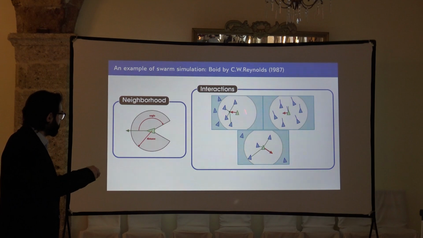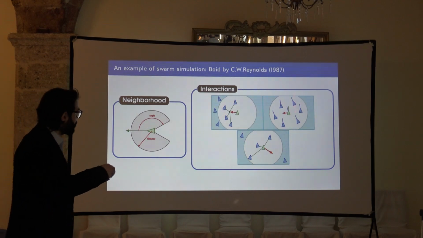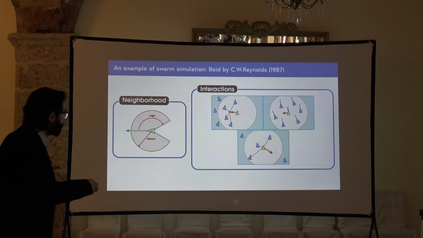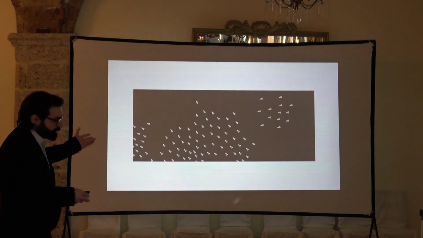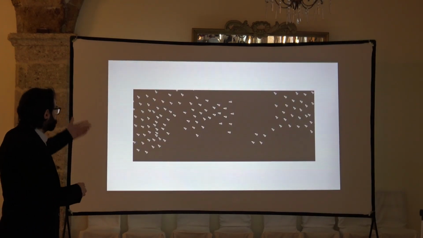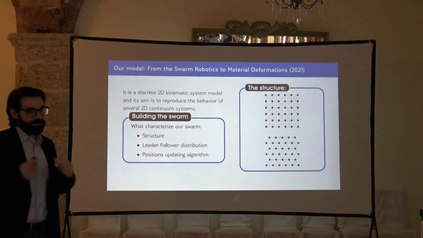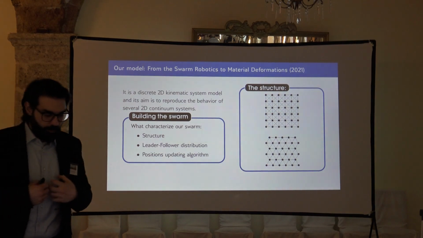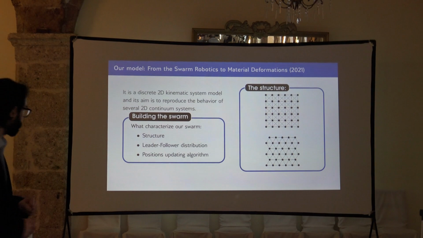Simply by introducing a way to get the elements near, a way to align the elements, and a way to avoid collision, he got a plausible simulation, in 2D in this case, but he also made it in 3D, for the movement of a swarm of birds. Okay, let's see now how we take this to material deformation.